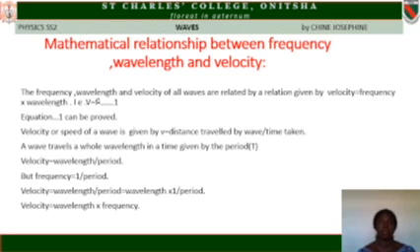But remember, frequency is equal to the reciprocal of the period. Then velocity becomes wavelength multiplied by 1 over period, which is wavelength times frequency. We have proved that velocity equals wavelength multiplied by frequency.